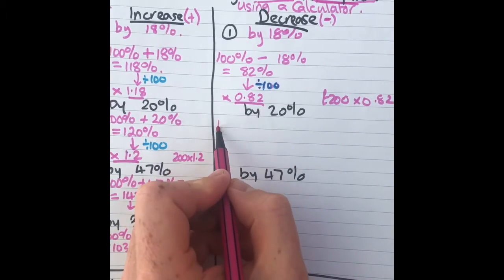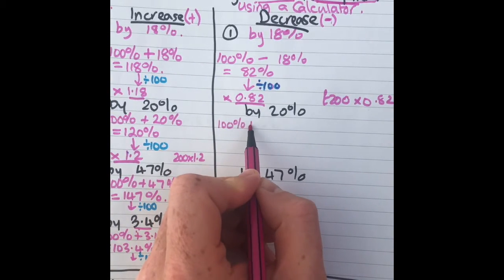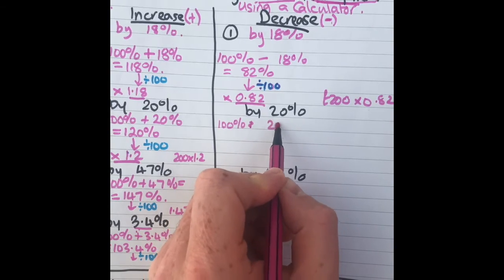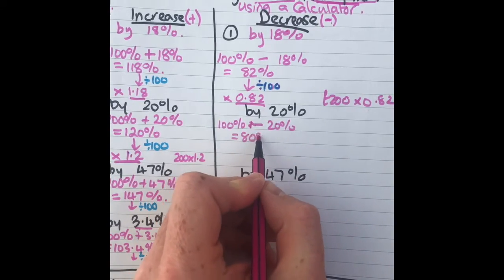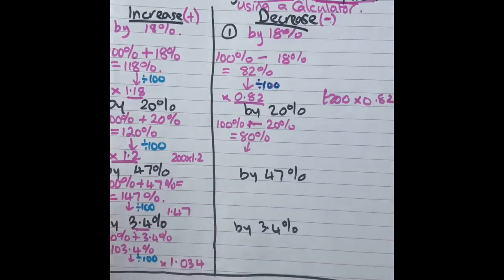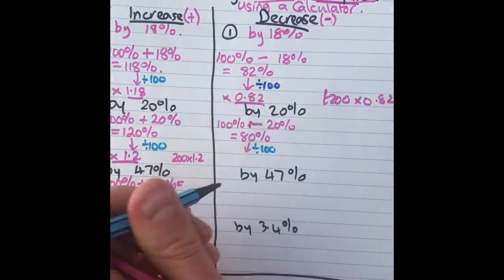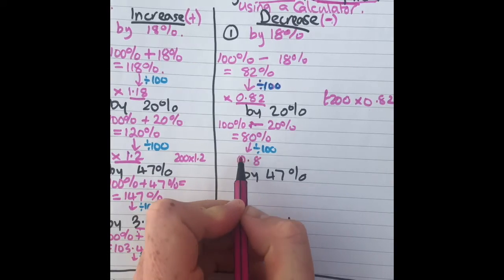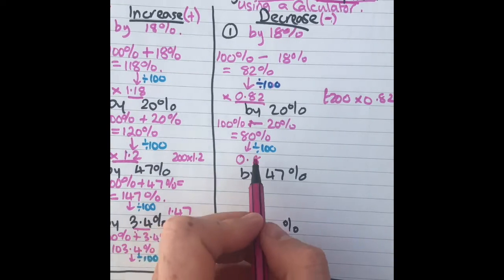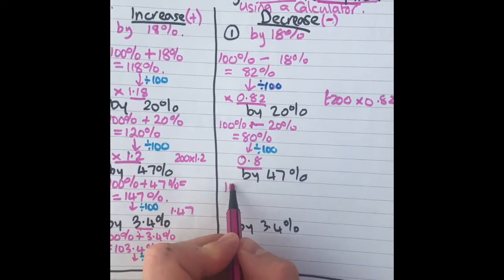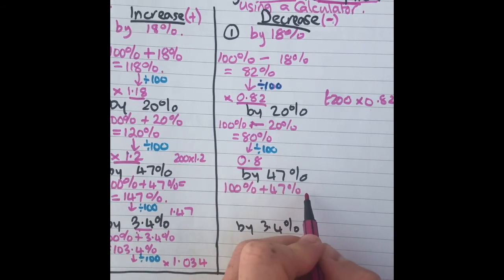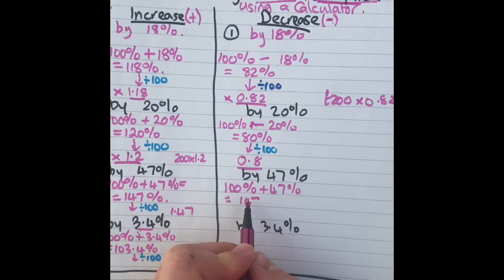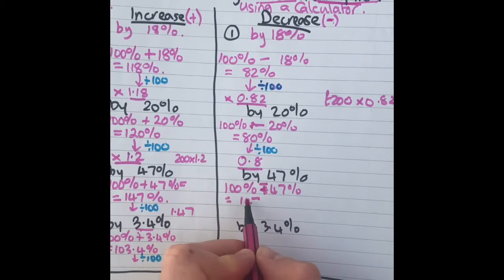Next one, 100%. This time you're going to do 20% and you're taking away. That's 80%. Change that into a decimal, divide by 100 every time, you get 0.8. Next one, 100 plus 47% gives me 147, sorry, wrong way around, minus.